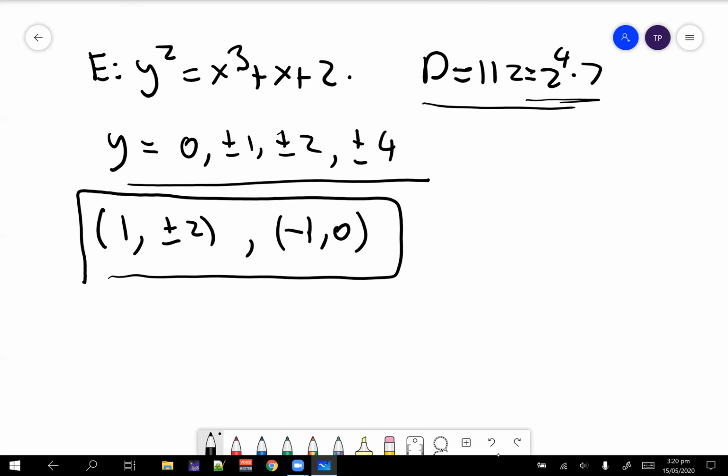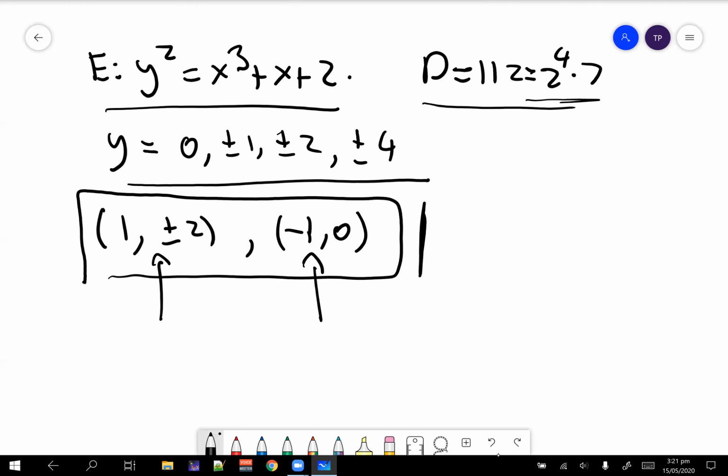Clearly, since the second coordinate of this one is 0, it has order 2, so it's finite. And we can also check this one has order 4 just by multiplying it by 4, and so it has finite order as well. So Nagell-Lutz gives us these 3 points plus the origin as the points of finite order on this elliptic curve here.